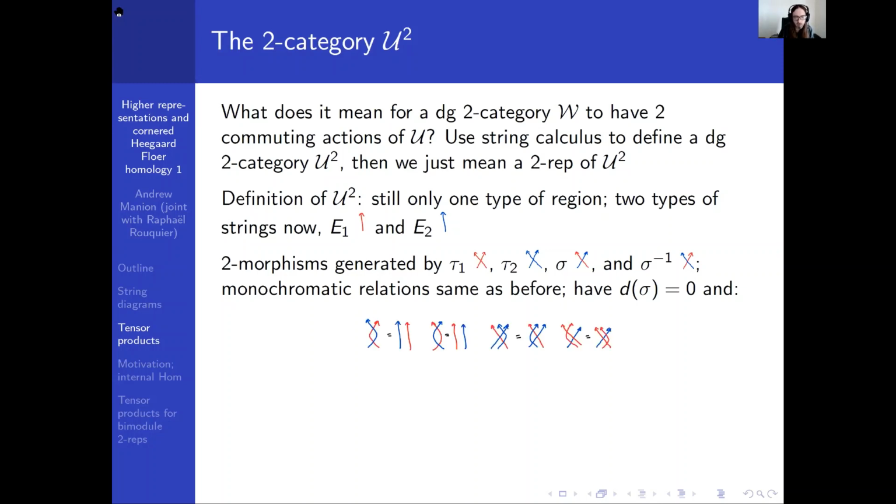So those are the first two relations I list here. Just that sigma inverse is really just an inverse to sigma, so that adding this sigma and sigma inverse is like enforcing commutativity of the two actions. If I do the E1 and then the E2 first, that's the same as doing the E2 and then the E1 first via this identification sigma.